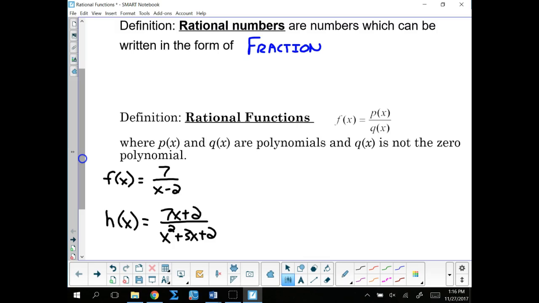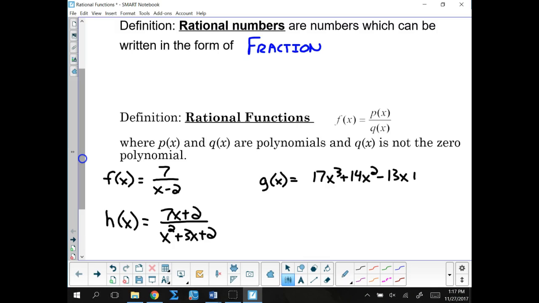We could have that. That's a rational function.